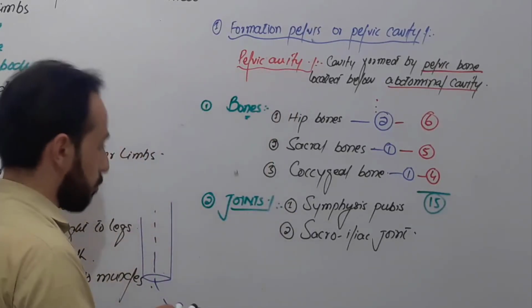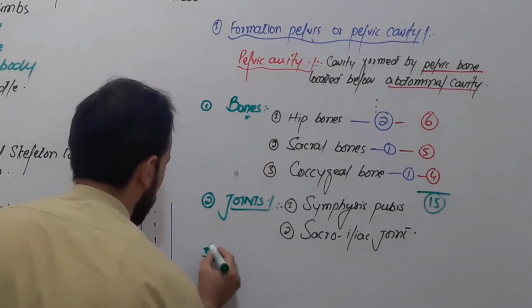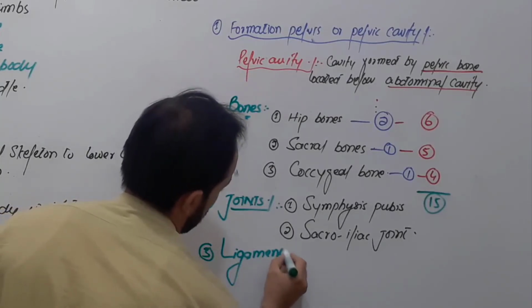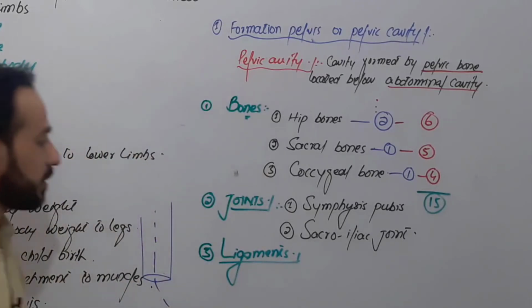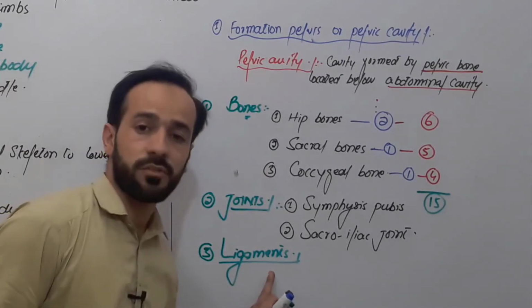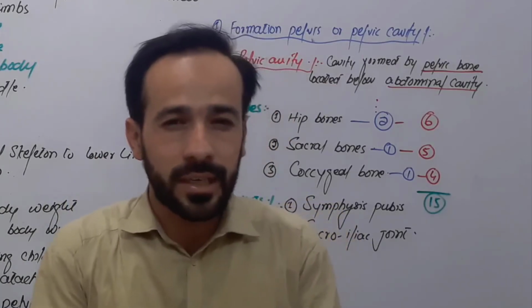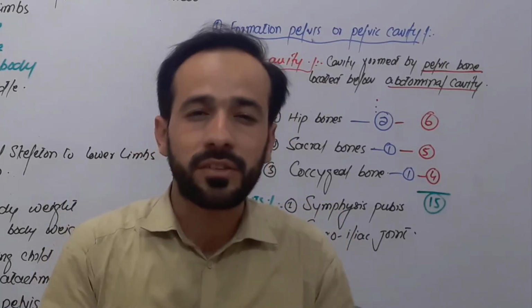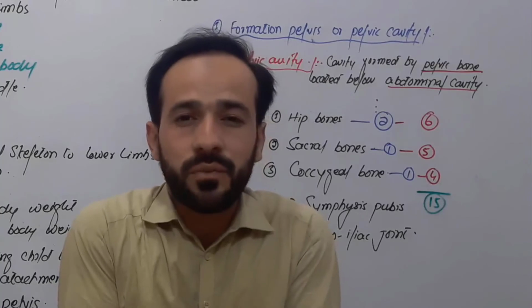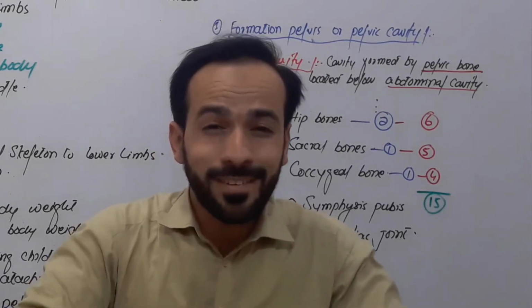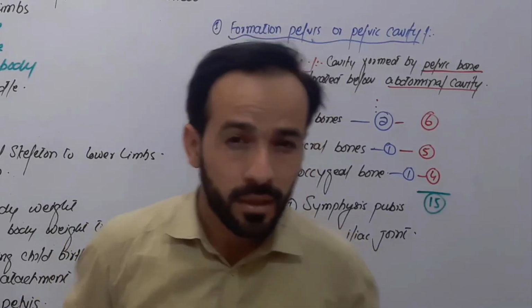pelvic cavity or your pelvis. And then there are ligaments present in the pelvic cavity, and these ligaments are responsible to hold these bones together. They make strong connections between these bones and certain muscles, and they make different important supports for the viscera which are present in your pelvic cavity.